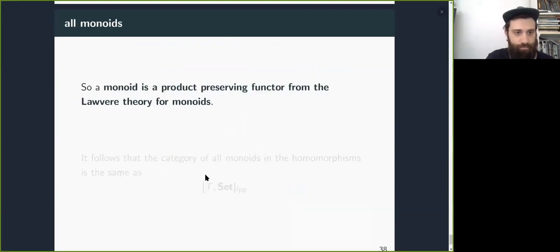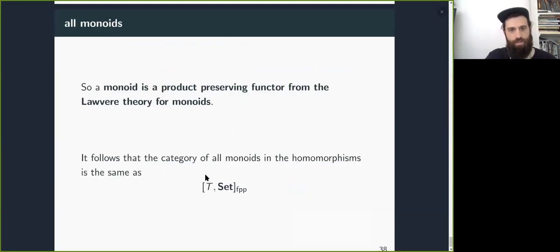And so really, all a monoid is, is a product preserving functor from the Lawvere theory of monoids into the category of sets. And so the category of all monoids and their homomorphisms, this should say all monoids and their homomorphisms, is the same thing as this, which is notation for the functor category, which I don't really want to get into.